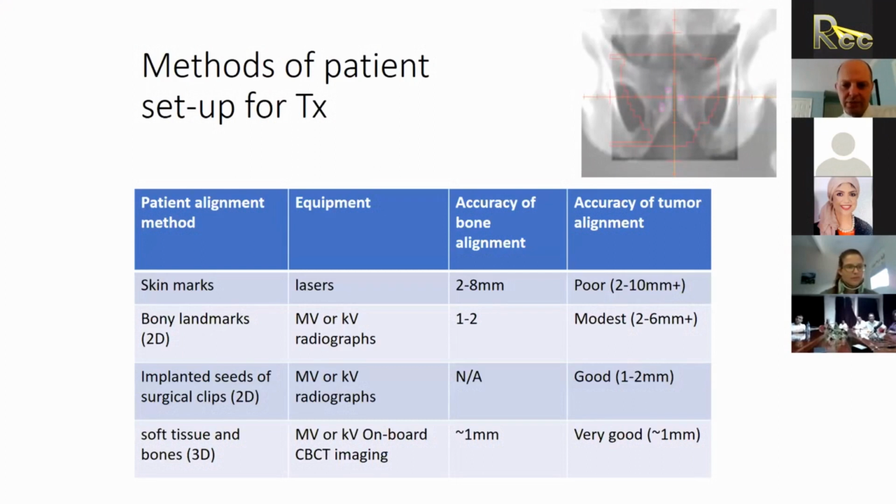I forget how many degrees the rotation is. So if you do a pelvis or a lung case where you have a full body, often the imager is shifted to the side so that it doesn't acquire the full projection.